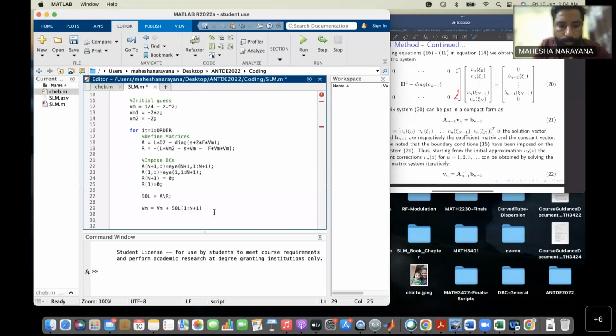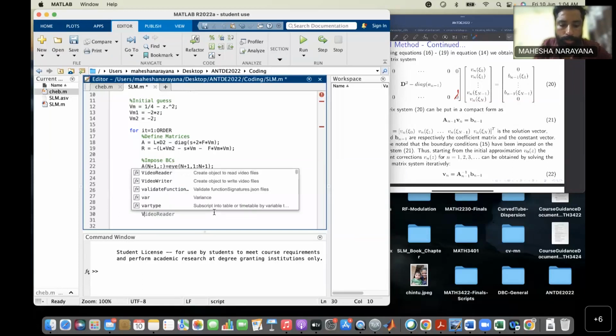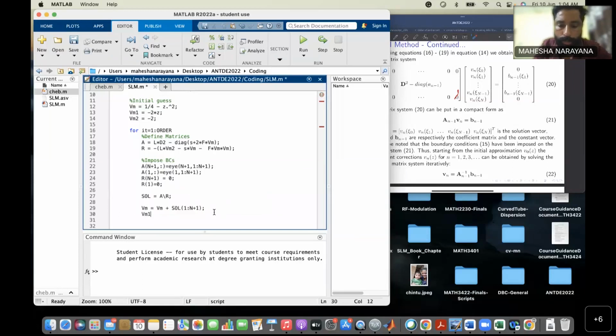Vm1 will be equal to Vm1 plus sol n plus 1 to 2n, or you could just use the differentiation matrix if you are okay.